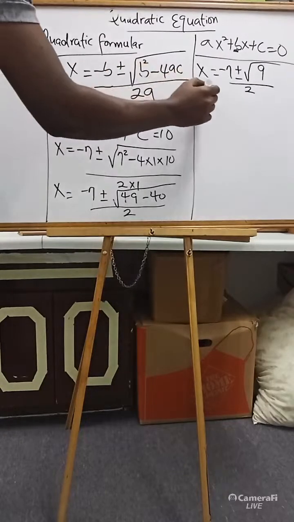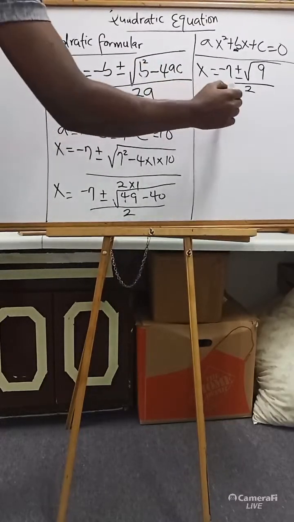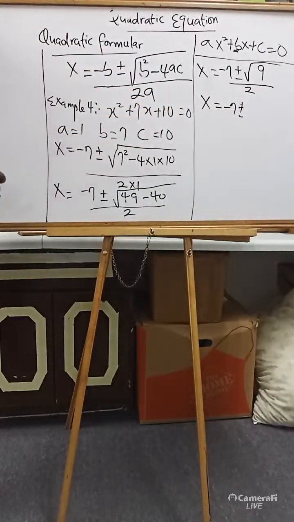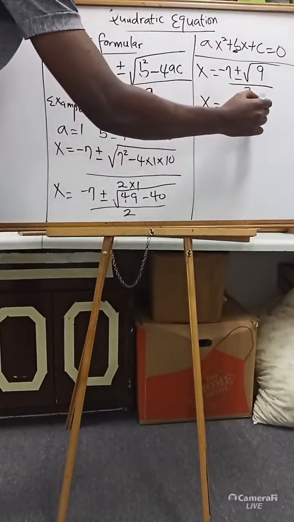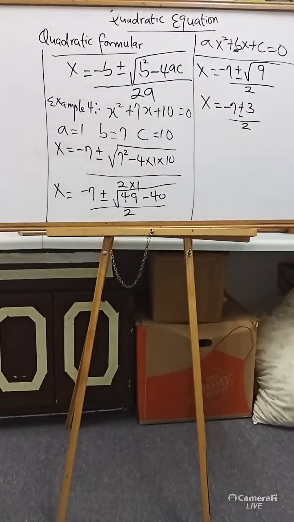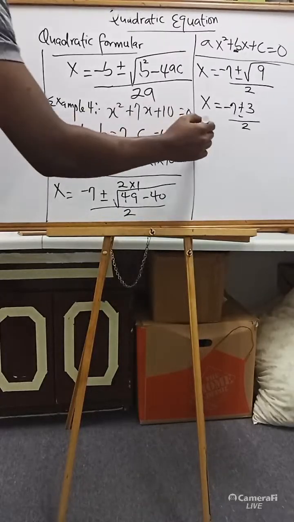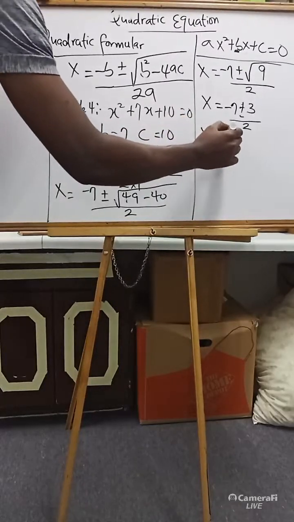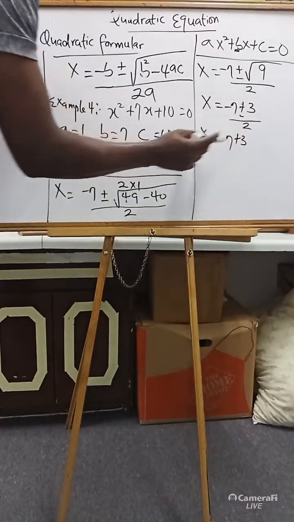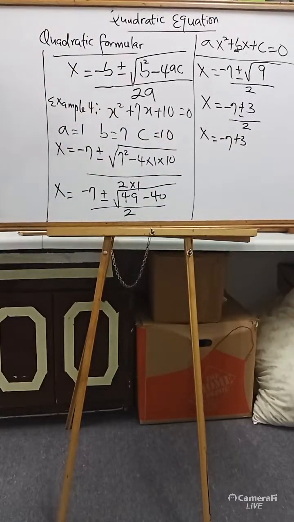So with this, we have that x equals negative 7 plus or minus, what is the square root of 9? 3, over 2. So because we are going to have two possible values, it is either plus or minus 3.